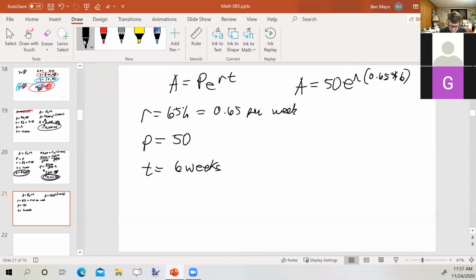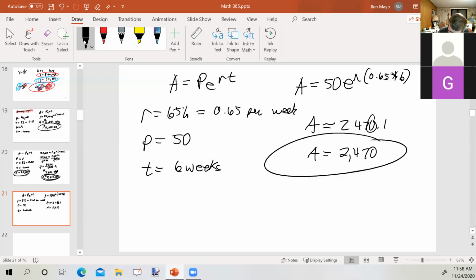So 50 second e to the x, 0.65 times 6, close it up, and I get 2470.1, rounding to the nearest bed bug, 2,470 bed bugs. If that doesn't make you lay awake at night, I don't know what will. Okay with that? Yes.